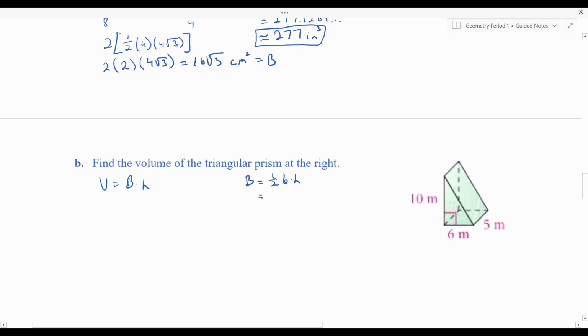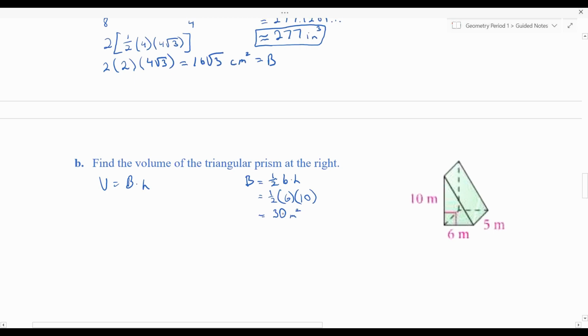So we substitute and we have 1/2 times little b, the little base is 6, times the height of the triangle, which is 10. Okay, and when we multiply this, 1/2 times 6 is 3, and 3 times 10 is 30. So we have 30, and we're dealing with meters, so it's 30 meters squared.